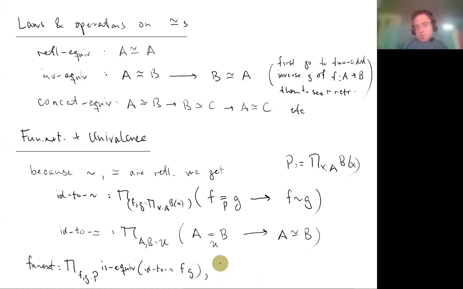And likewise, the univalence axiom is an element of the type, for every A and B in a universe. So it depends on the universe.